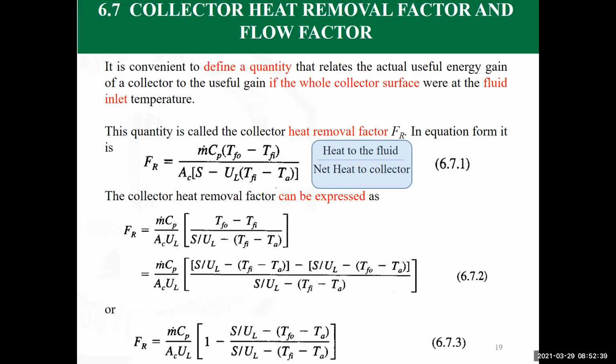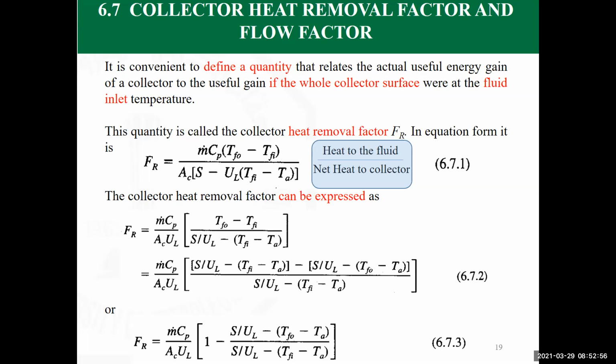The collector is receiving energy from the sun, which is S, and it is losing energy to the surroundings at a rate of UL times the temperature difference that you see here. Accordingly, this is defined as the heat removal factor.